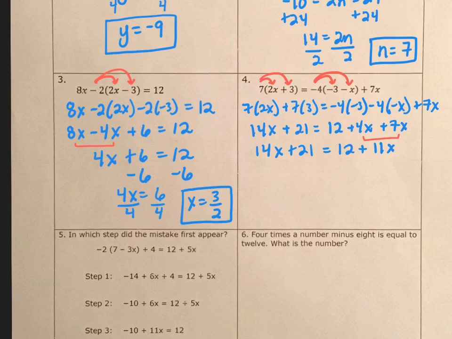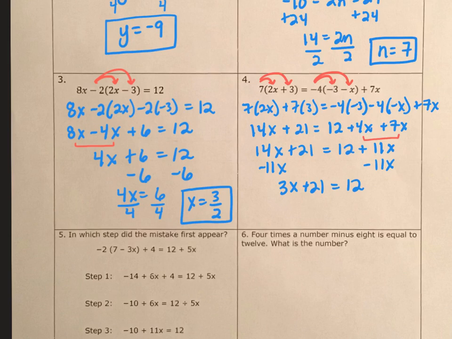Okay, now my next step, I do have variables on both sides, so now I get rid of my smaller variable, minus 11x minus 11x. I'm left with 14x minus 11x is 3x plus 21 equals 12.